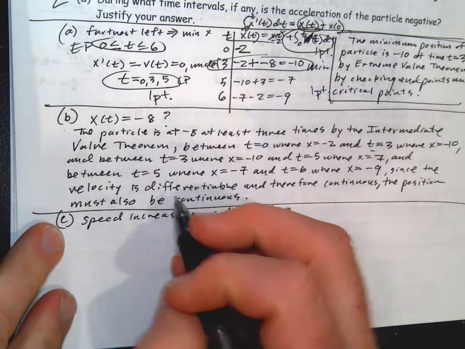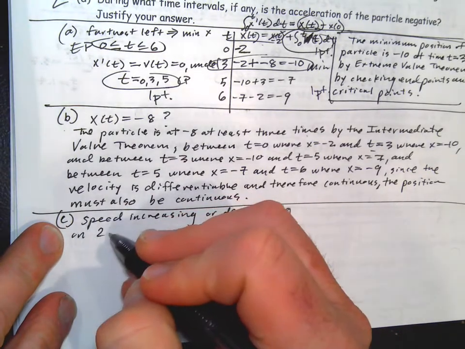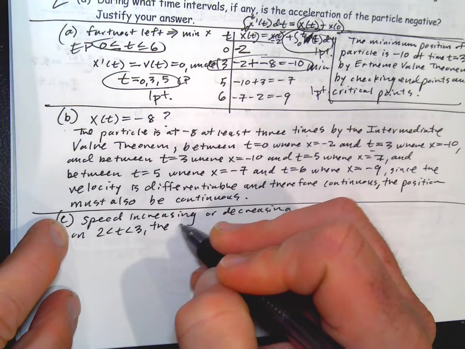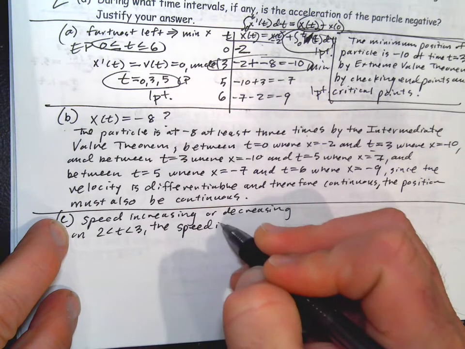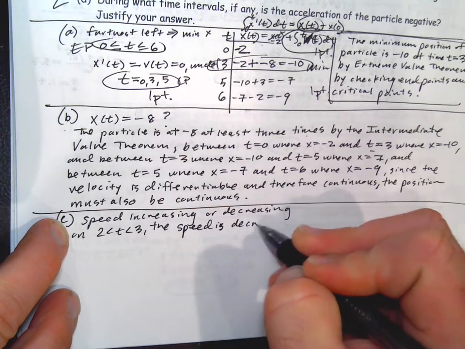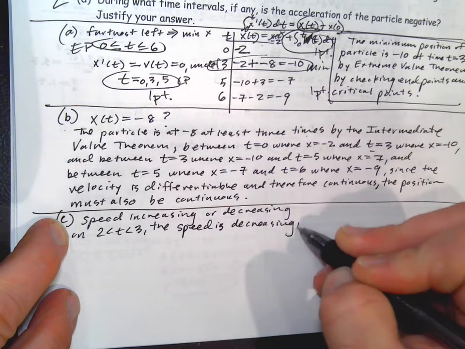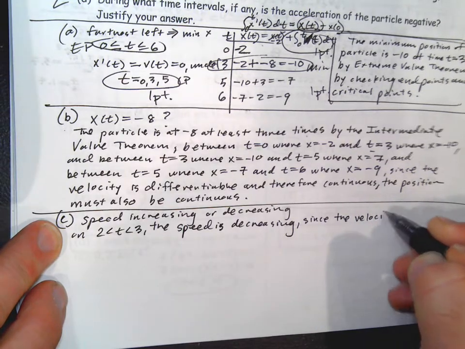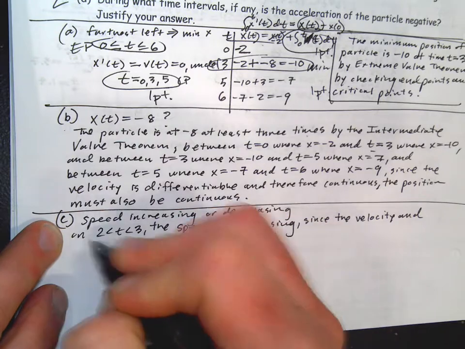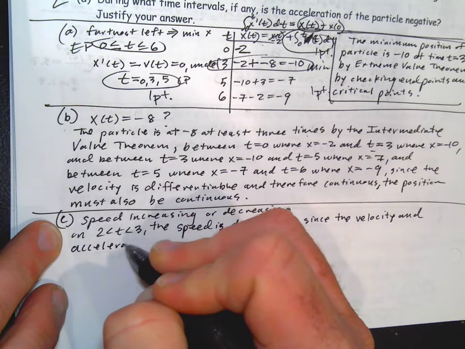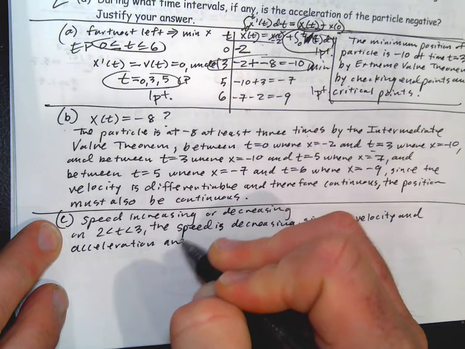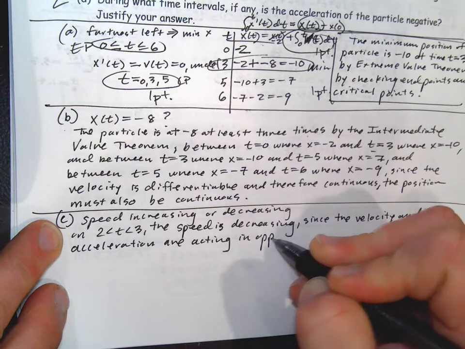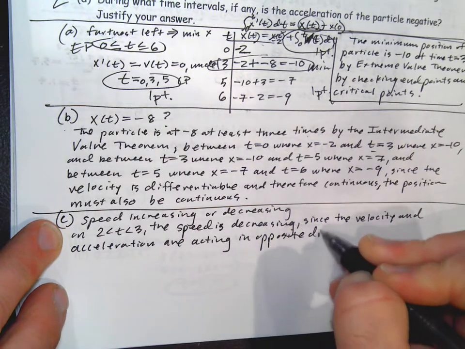So we're going to say on 2 to 3, the speed is decreasing since the velocity and acceleration are acting in opposite directions. And then you probably want to get more specific about how you know that.